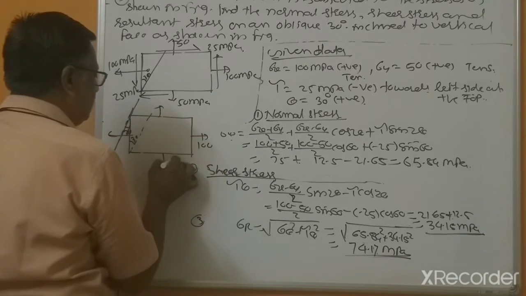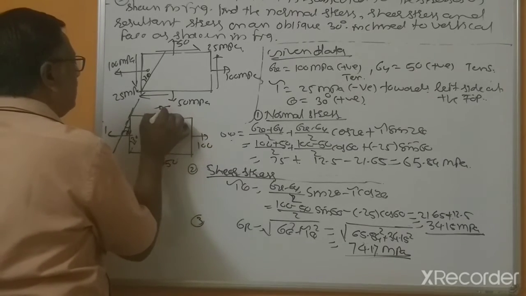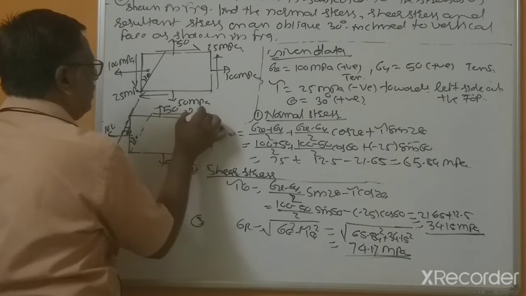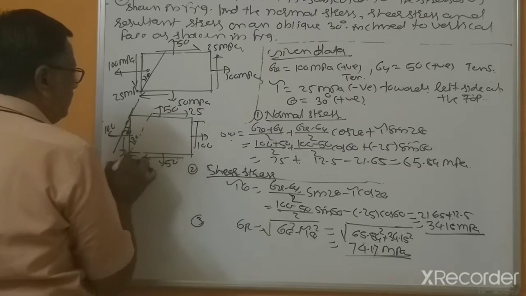This is 100, this is 50, this is 100, this is 50, this is 100, this is 25, and this is 25.